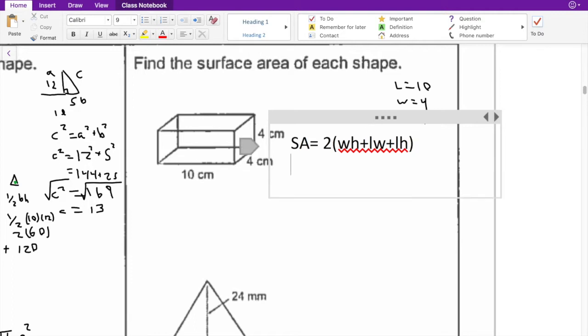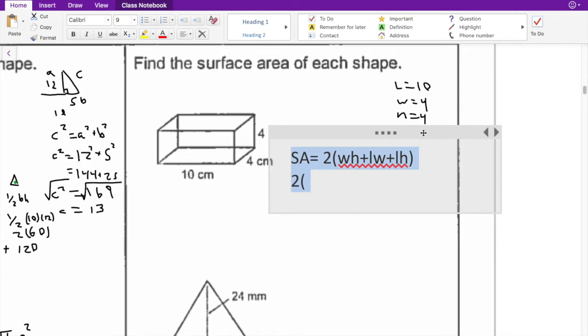So let's plug in our numbers. And it's nice to write down what everything means because I'm going to leave the surface area out because hopefully this will do my math for me. All right. So 2 times my width is 4, and then my height is 4. And if you have this all written out, you can just look up at it right now.